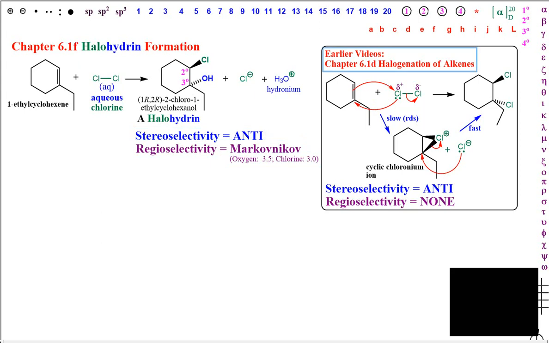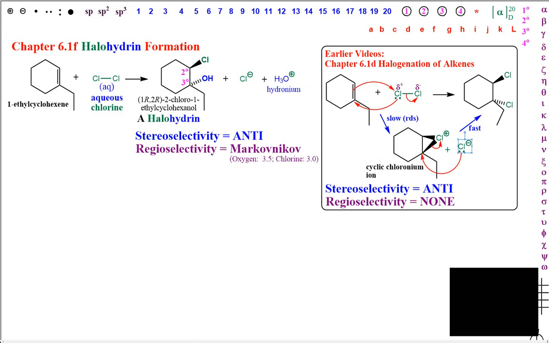We will not be attacking a halogen. The halogen is already reacted with water. We will show that mechanism shortly. But there will be a triangular cyclic chloronium intermediate in our reaction in 6.1f as well. And there will be a backside attack by water, not chloride, by water on the more substituted carbon.